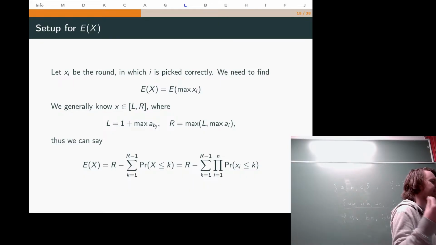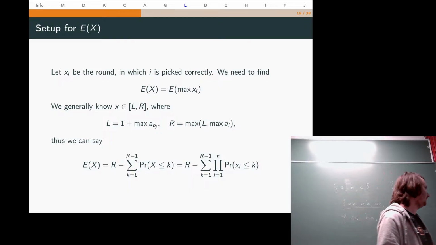Therefore we reduce the interval for the values of this unknown variable to the integers between a and r, and after that we can reformulate the answer as this formula. It is the value of r minus the sum over all possible values k of the probability that we finish before k.